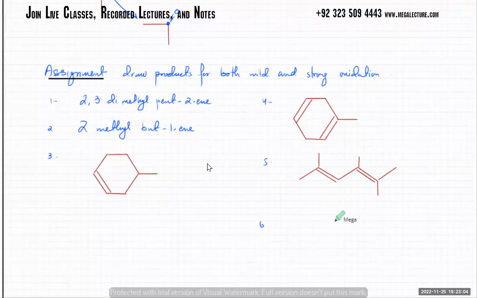That could be अच्छा pent-1,3-diene. 1,3-diene होगा शायद. ये 6 क्वेश्चंस है. ठीक है. Is that clear?